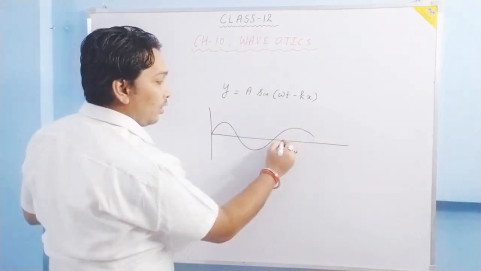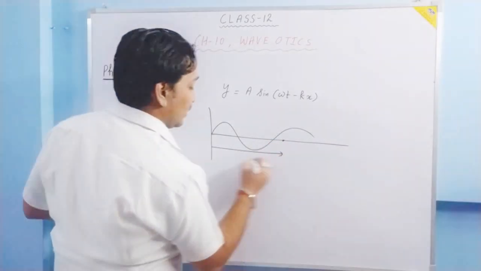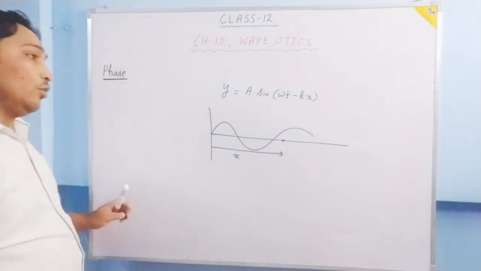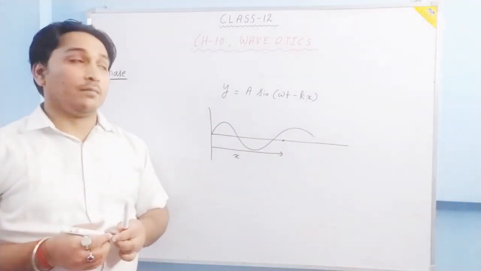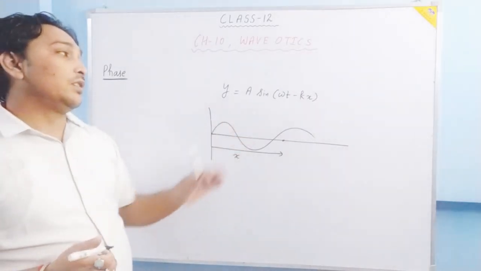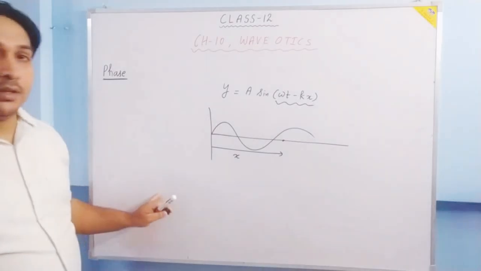So here, if this particle we are studying, this particle is at a distance x from the origin. So basically x tells which particle we are studying. So what is phase in this? Phase is this one, omega t minus kx. Is it clear?